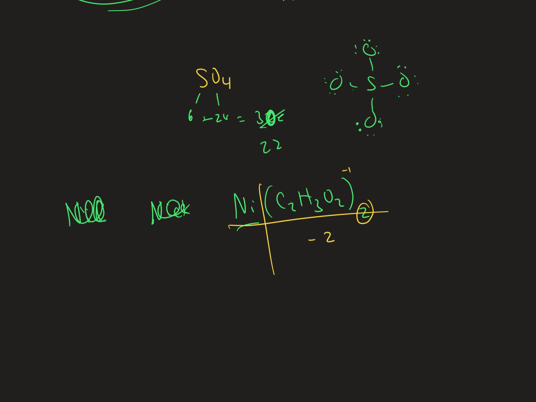That's -2. This side has to cancel out the -2, so it has to be +2. And there's only 1 of them, that means it's a 2+ ion. Therefore, the name of this is called nickel 2 acetate.